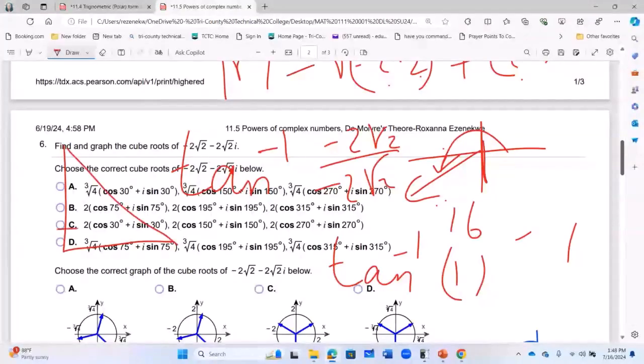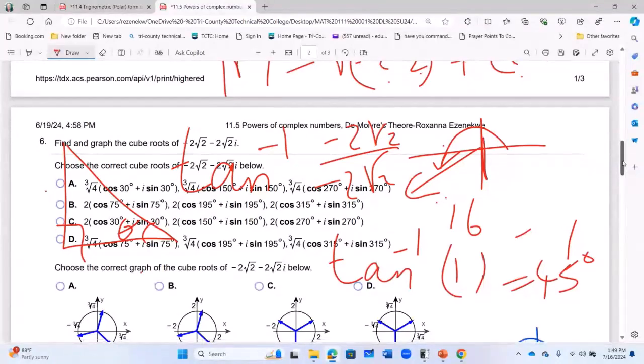If I'm talking about this angle theta, it is opposite over adjacent, so 1 over 1. And so the angle is 45 degrees. And since the angle is in the third quadrant, it is 180 plus 45, 225 degrees. So the first angle there is 225 degrees.